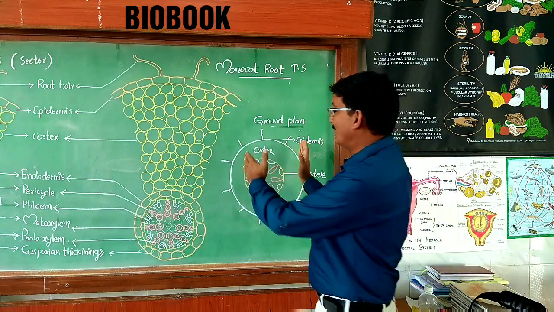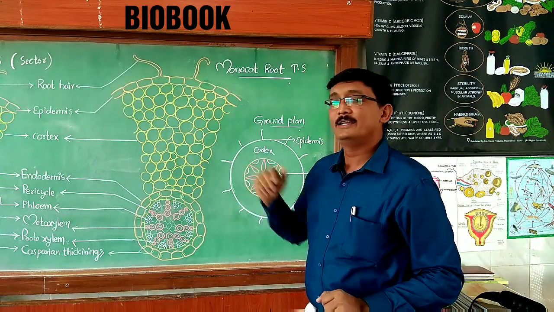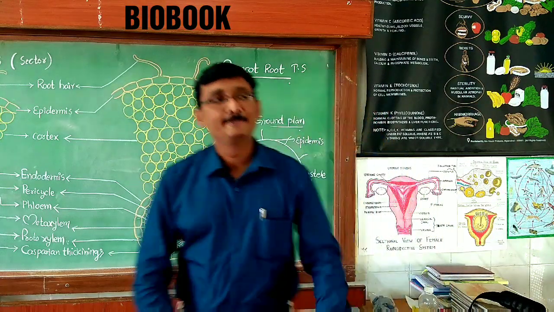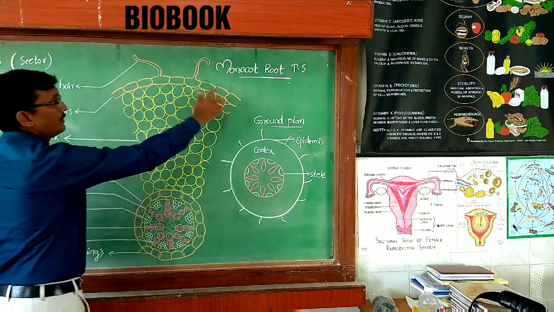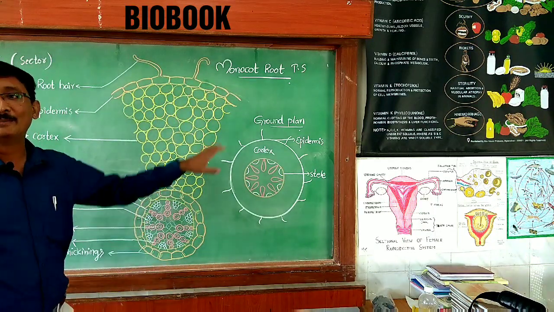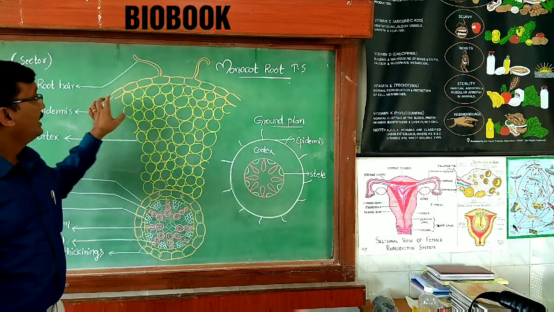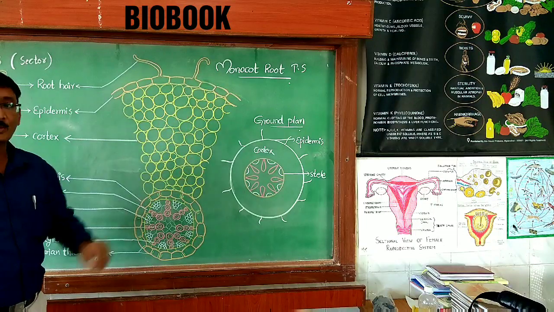Now let us take a part of the ground plan, which is called a sector, and discuss in detail all the parts in the monocot root, right? So this is the sector. Here the first part is known as epidermis. Epidermis is made up of single layered cells, and it protects the internal parts of the root.